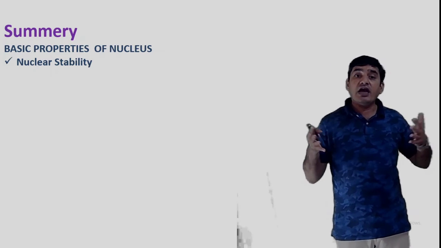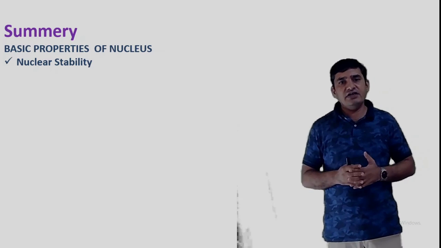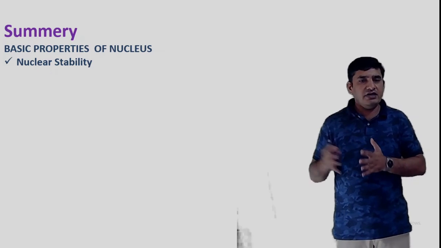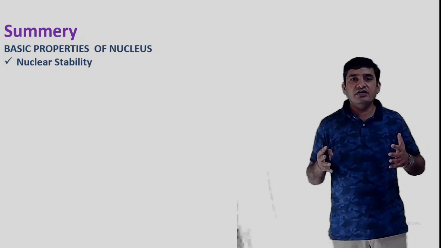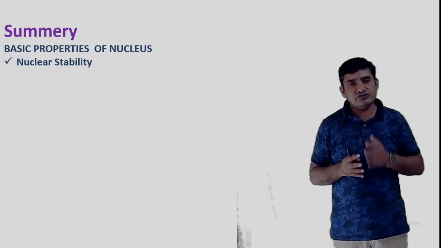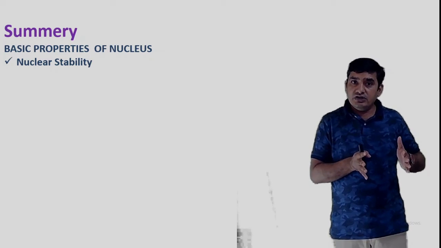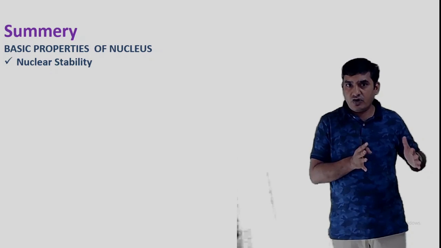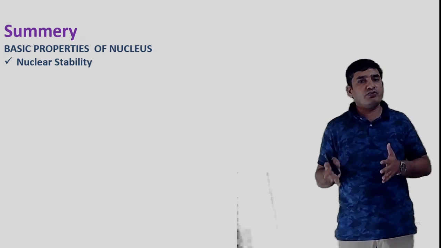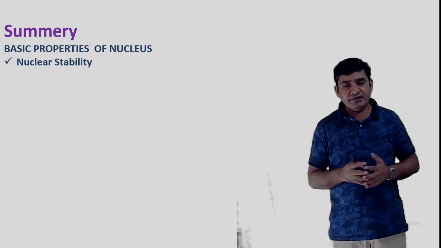But for heavier nuclei having mass number greater than 209 and atomic number greater than 38, having the number of neutrons more than the number of protons, our assumption is not valid.